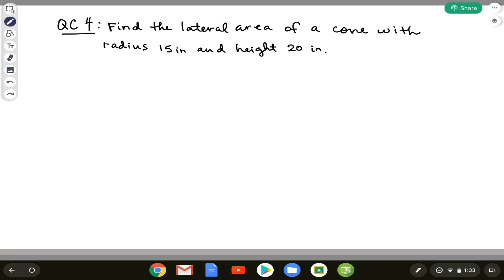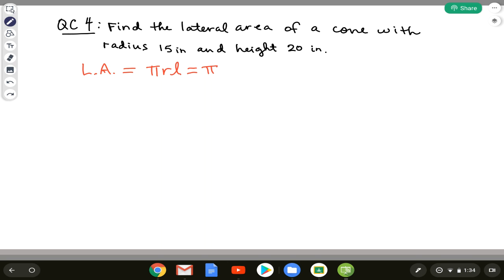Finally, try quick check 4 where we just find the lateral area of the cone that has a radius 15 and a height 20 inches. So this time it's lateral area, not surface area. Okay, hopefully you worked this out. The lateral area is just the part that was pi r L, or pi times the radius times the slant height.